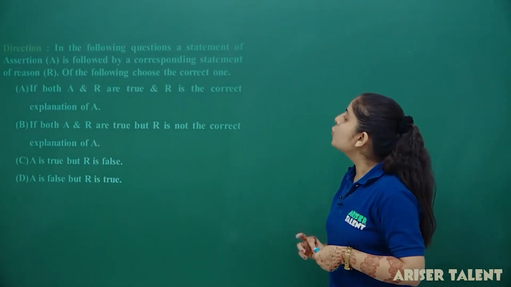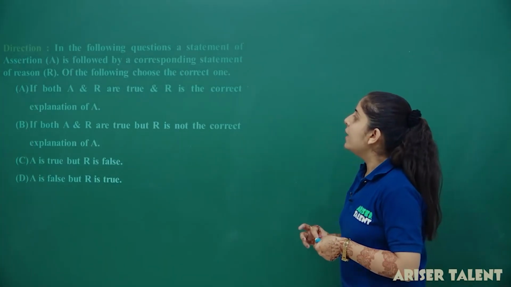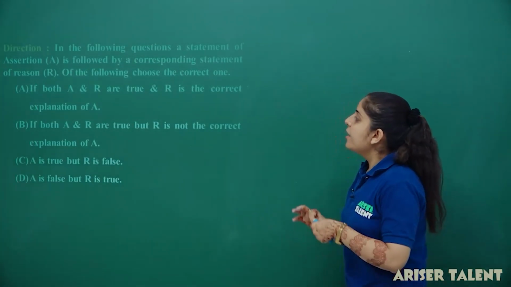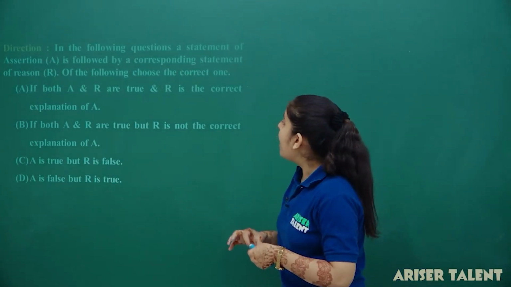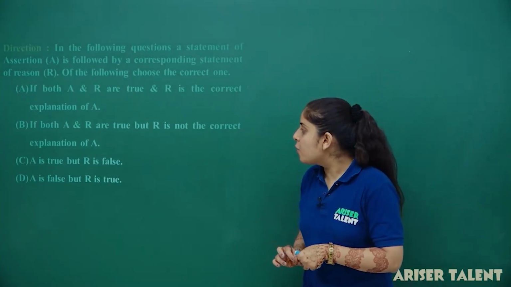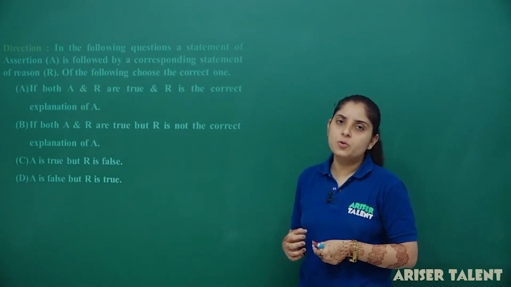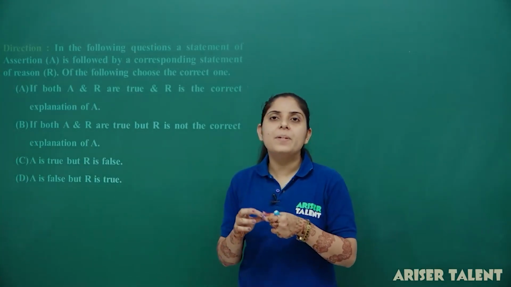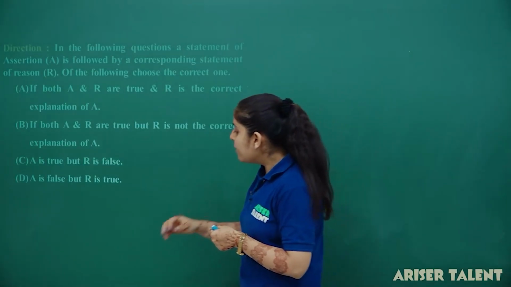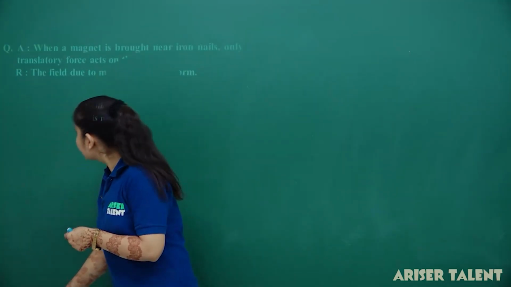Of the following, choose the correct one. If both A and R are true, R is the correct explanation of A. If both A and R are true but R is not the correct explanation of A. A is true but R is false. A is false but R is true. So, this question is based on assertion and reason, and you have to choose the correct option. Let's see what the question is saying.